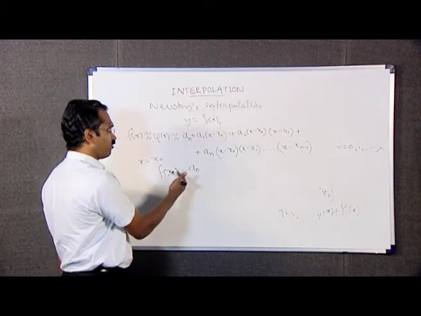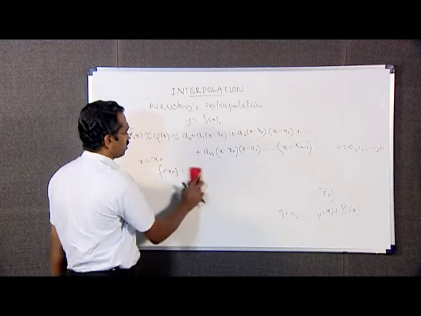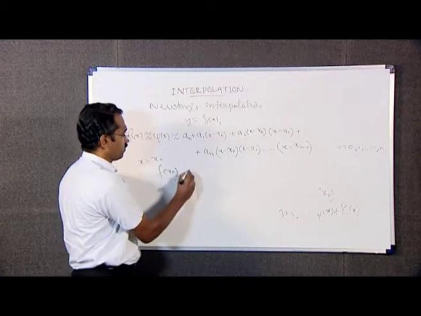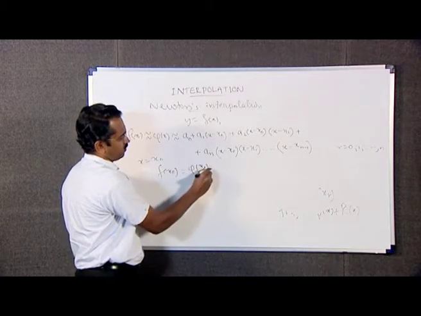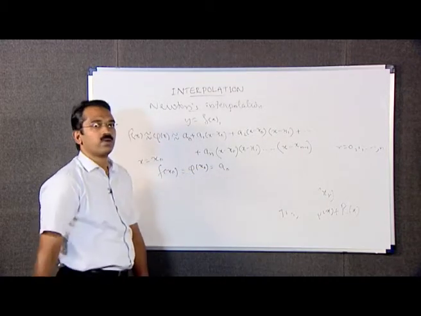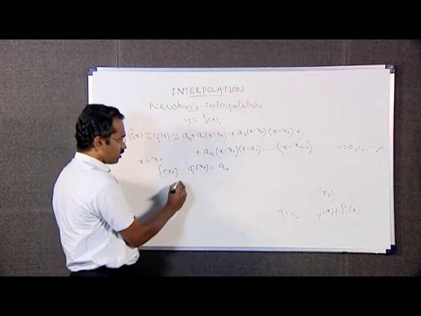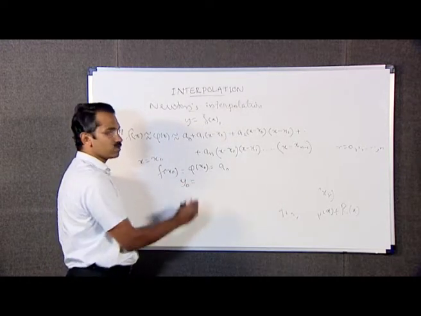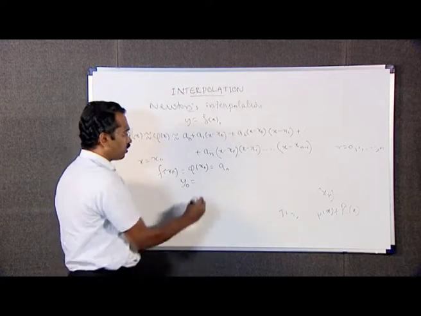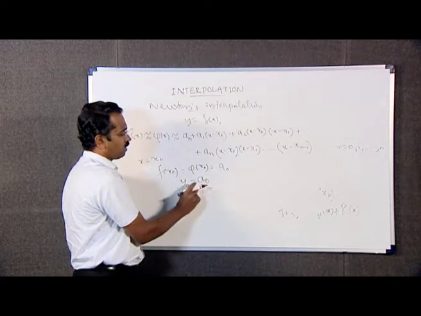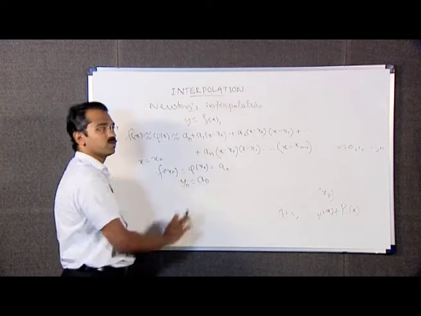That is, f of x naught means phi of x naught, which is equal to a naught. That is, y naught is equal to a naught. The value of the constant a naught is y naught itself.